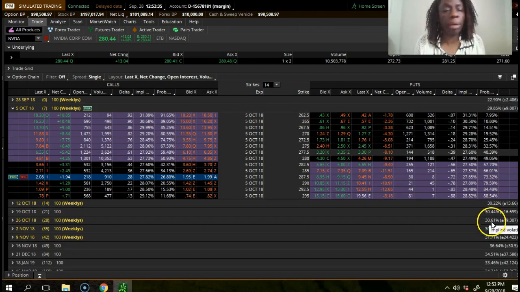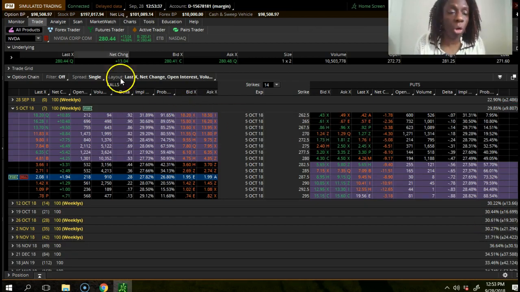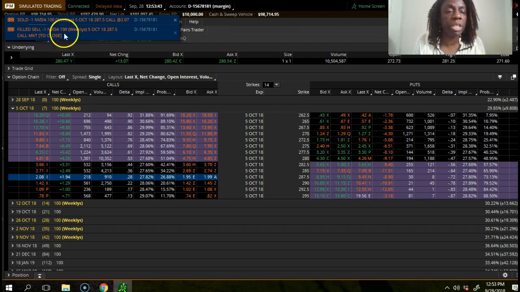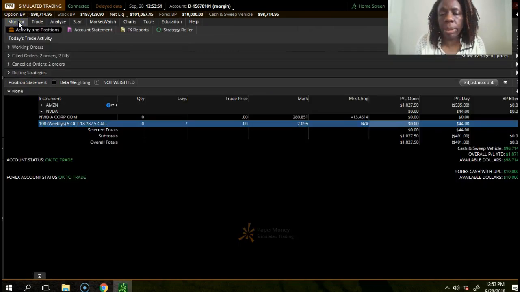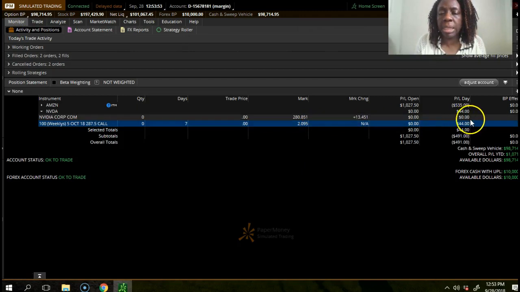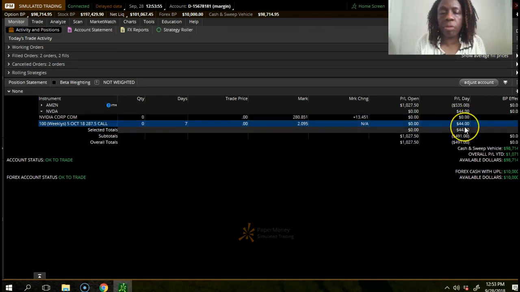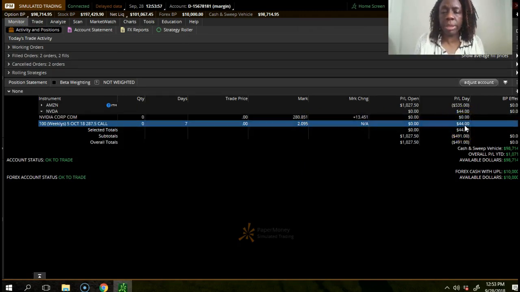You just bought and sold a contract. Now it's been filled. So let's see if we can see our proceeds. Under monitor, it basically tells us we made $44 in this trade.